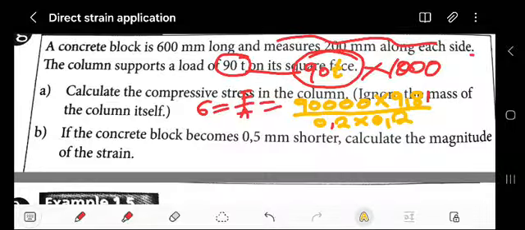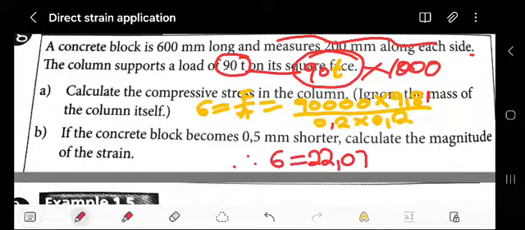If you punch this on your calculator, you'll get that the stress simply equals 22.0725 megapascal. This is the compressive stress that they wanted.